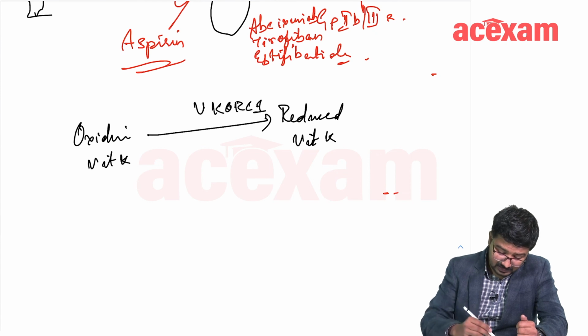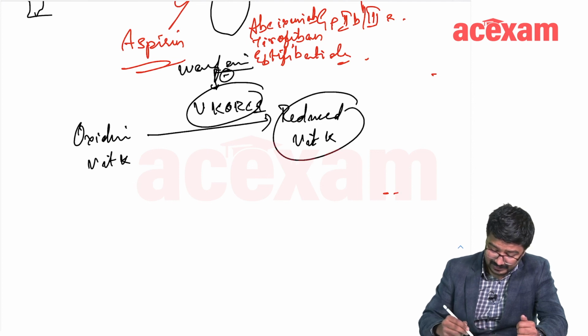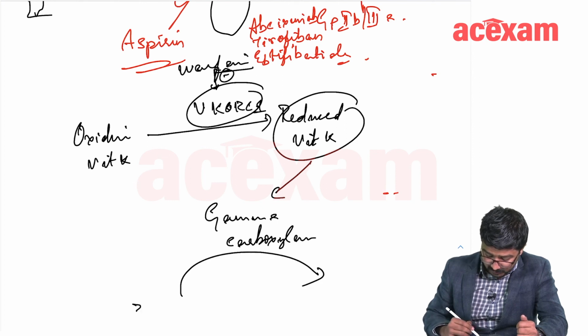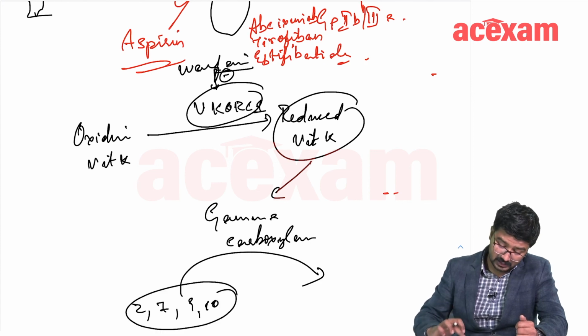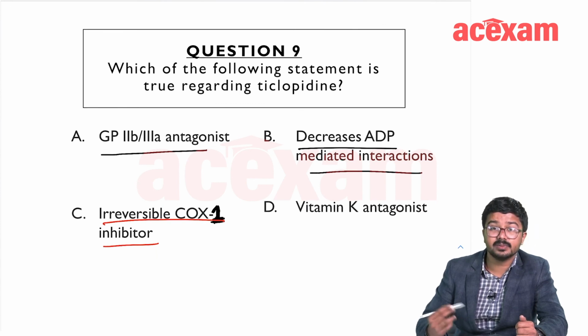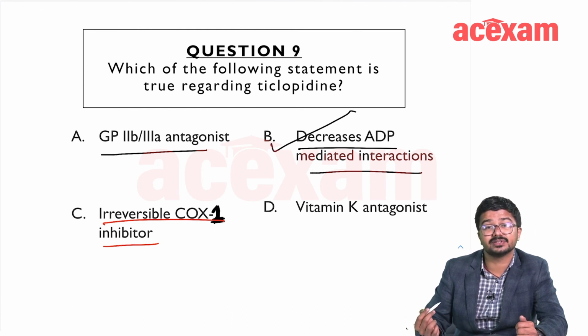This particular enzyme is inhibited by warfarin, because this reduced vitamin K causes activation of the gamma carboxylase enzyme, which in turn causes activation of factors 2, 7, 9, 10 of the coagulation pathway, right? So the answer over here is ticlopidine. It is an irreversible P2Y12 inhibitor and it decreases ADP mediated interactions.